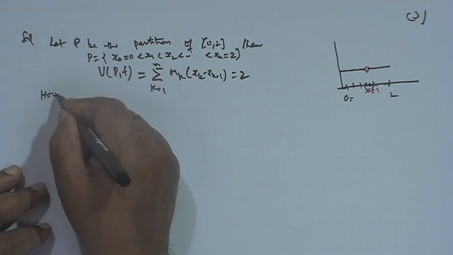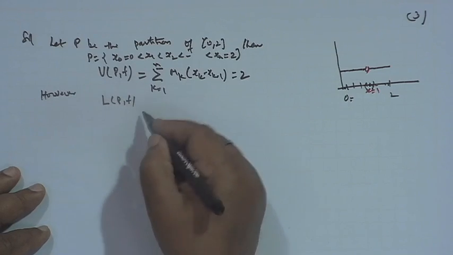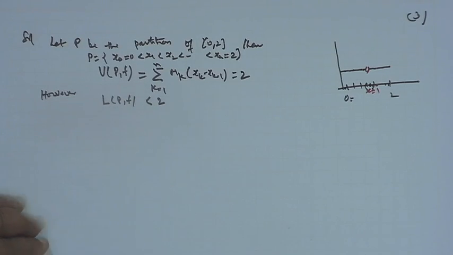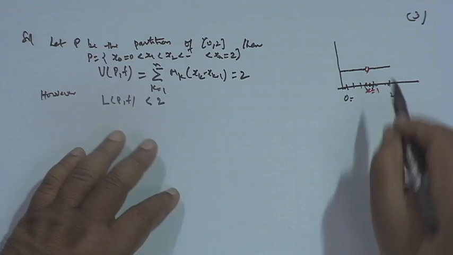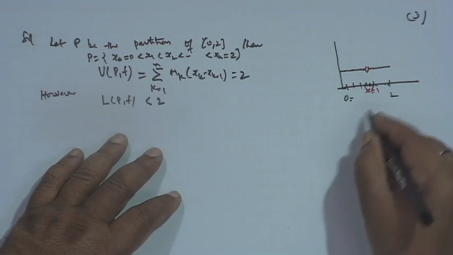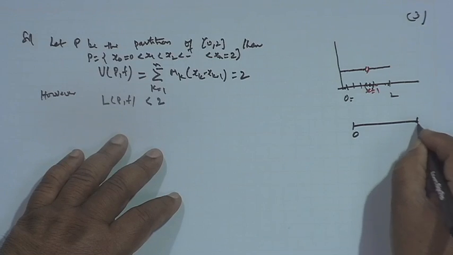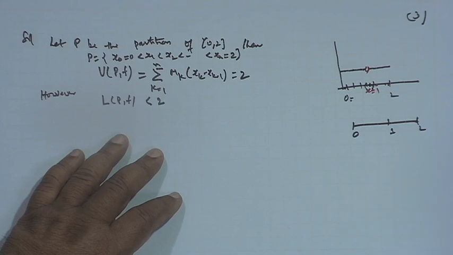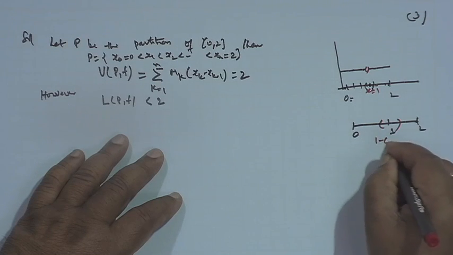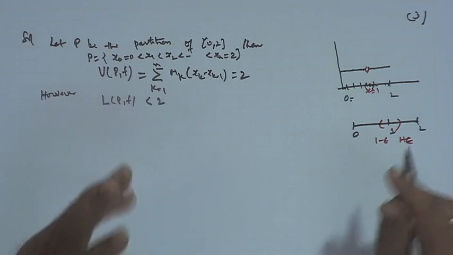However, the lower sum L(P, f) is strictly less than 2. Why is it strictly less than 2? Because there is a subinterval. Say I choose the subinterval from 1 minus epsilon to 1 plus epsilon, having length 2 epsilon.